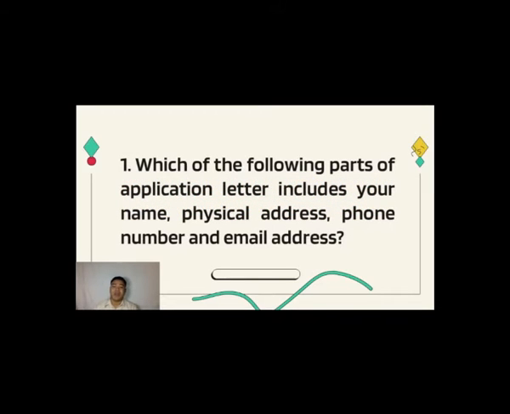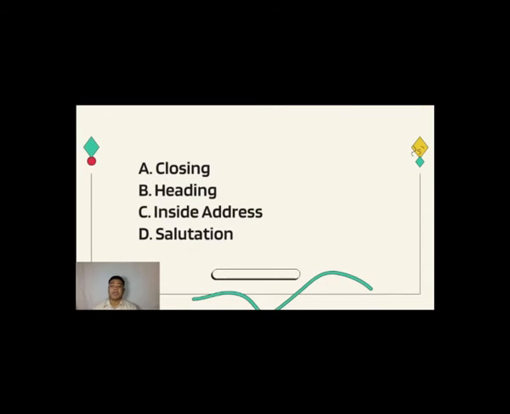Question number 1. Which of the following parts of application letter for employment includes your name, physical address, phone number, and email address? A. Closing.